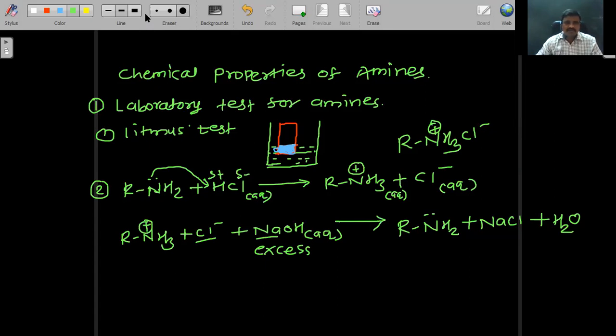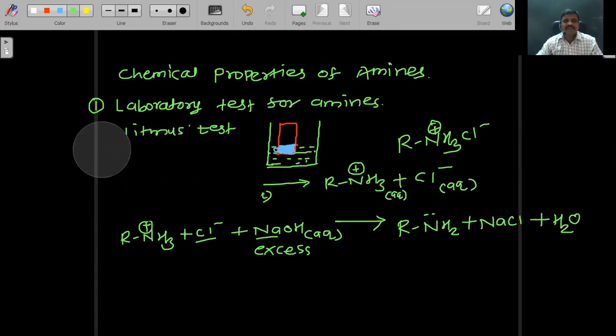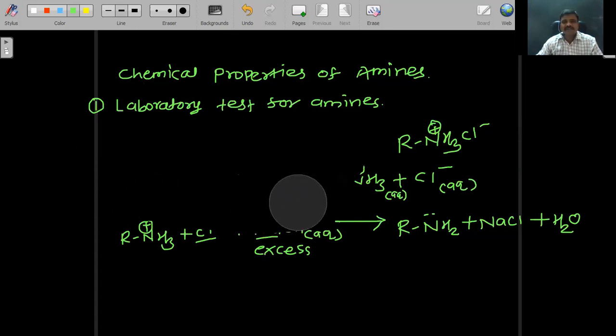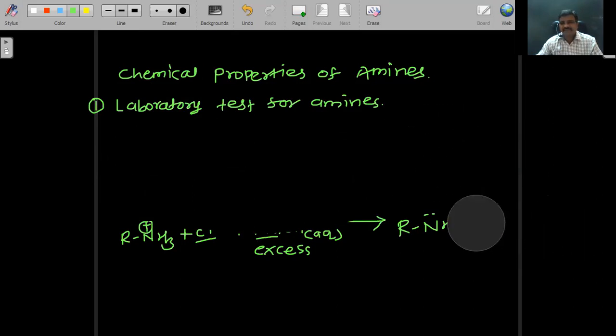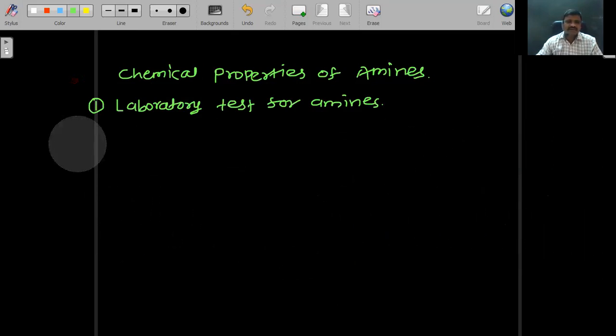There is one more test, known as the orange dye test. So what is the orange dye test? Let us study it. In the orange dye test, we have to take an aromatic primary amine.